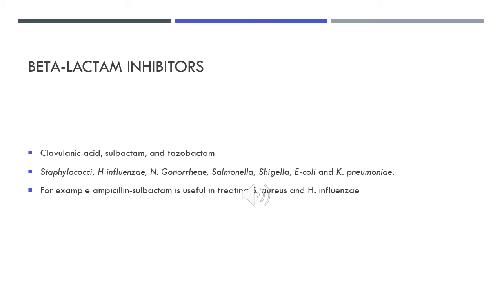What that basically means is it's not effective by itself as an antibiotic, but it can overcome antibiotic resistance in bacteria that secrete beta-lactamase, which would otherwise inactivate most penicillins. For example, ampicillin and sulbactam together is useful in treating Staph aureus and H. flu. Again, these are not utilized in isolation, so to speak.